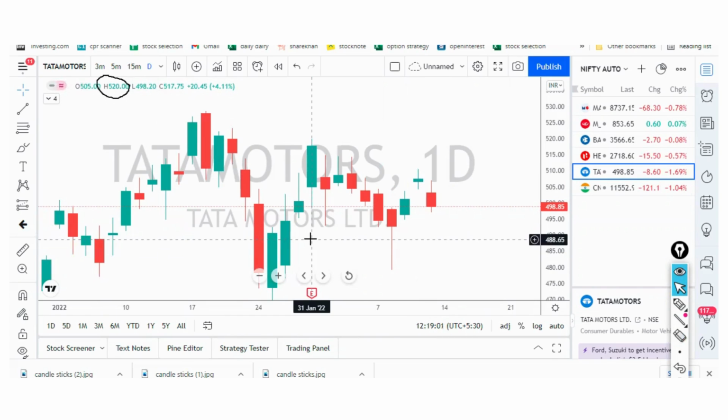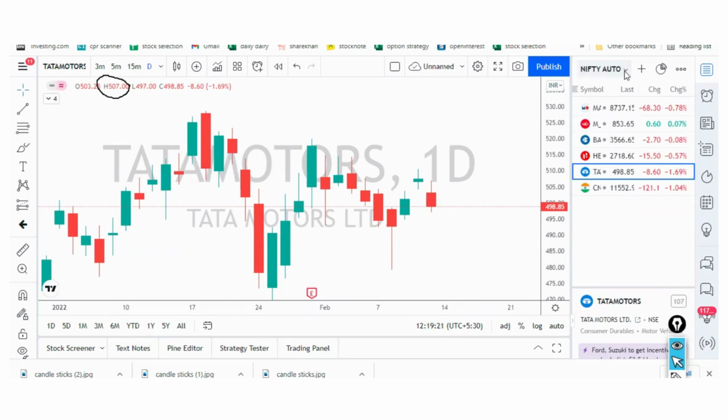The low of this candle is 498.2. It opened at 505 and closed at 517.75. So these price points give us a benchmark for our trading decisions.